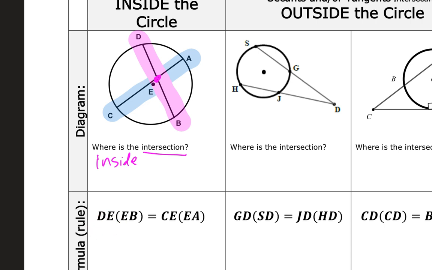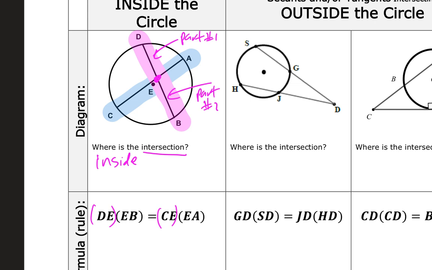DE times EB, that means multiply. On this purple one, we could say this is part number 1, and this is part number 2, so two different parts. And then this blue one, those are two different parts too. AE or EA would be one part.